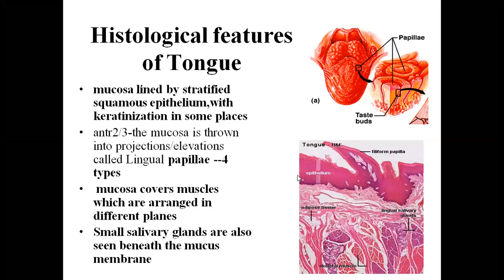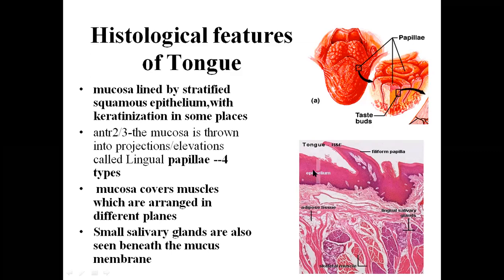Now coming to the histological features, the mucosa is lined with stratified squamous keratinized epithelium. If you look into this picture, you are finding the tongue. Like we have studied thick skin and thin skin, we have seen cells arranged in multiple rows. So that is stratified epithelium.